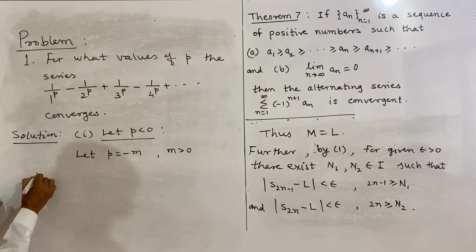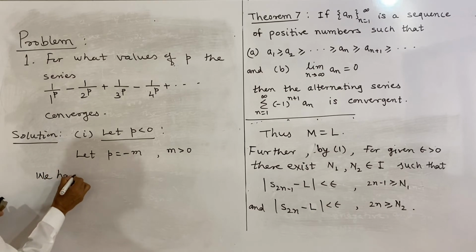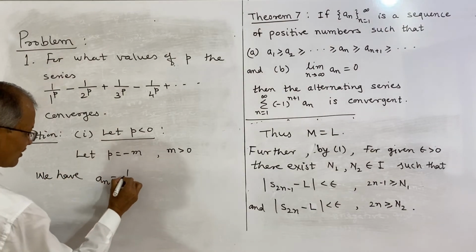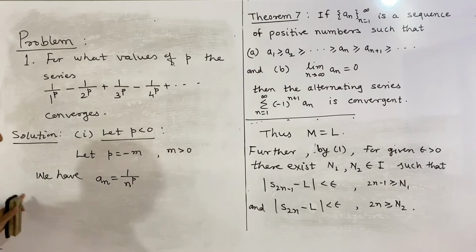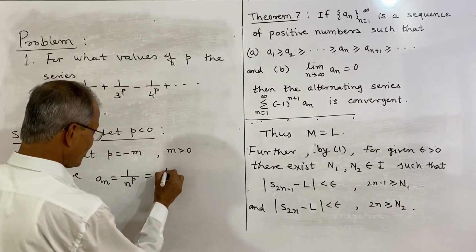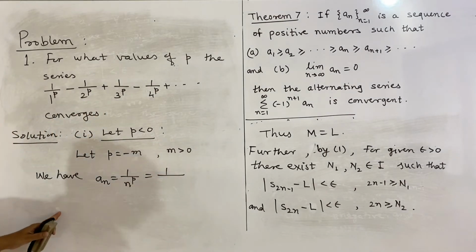Now we have an is 1 upon n power P, and what will that be?